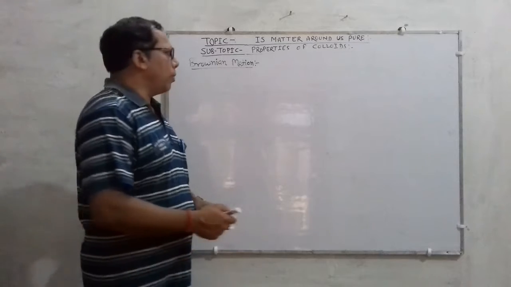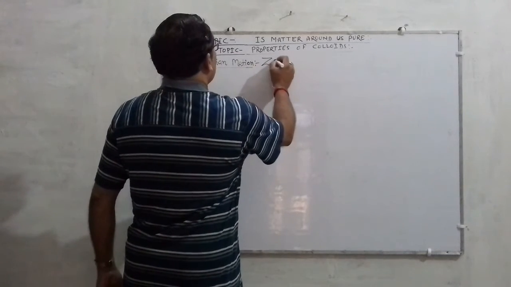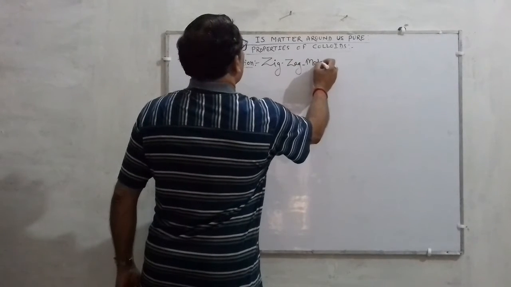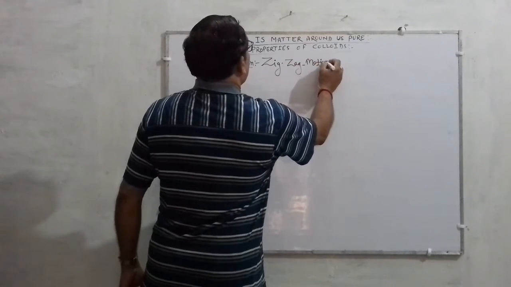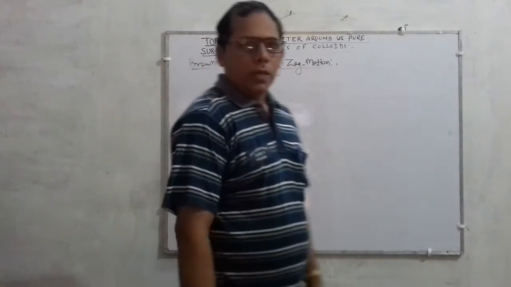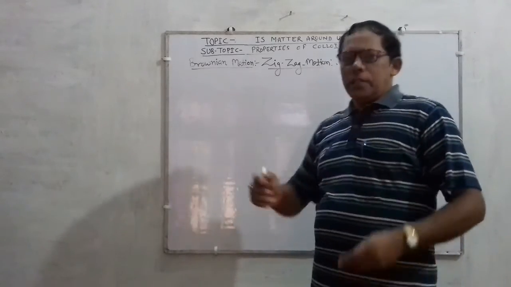Okay, so let's start with Brownian motion. This Brownian motion is also called zigzag motion. What is Brownian or zigzag motion?